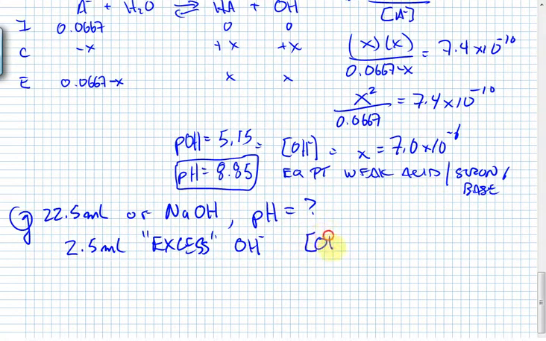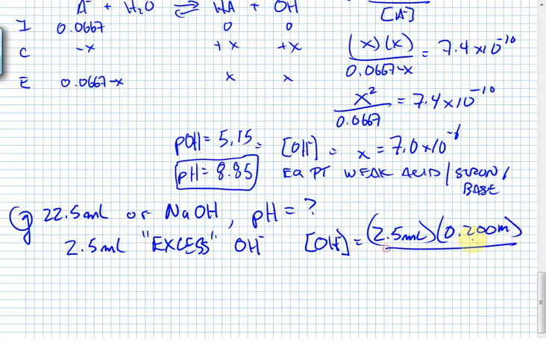So the concentration of hydroxide in this solution is going to be 2.5 milliliters times the concentration of the base, which is 0.2 molar, divided by the total volume of the solution. We started with 40 milliliters of acid. We've added 22.5 milliliters of base.